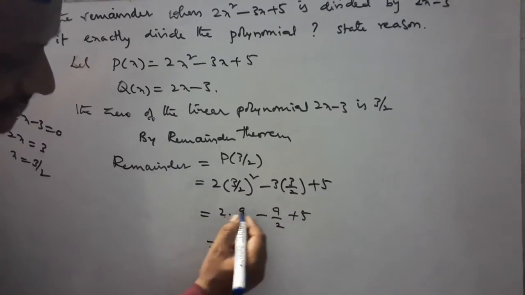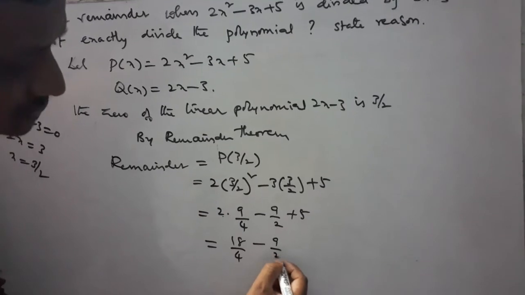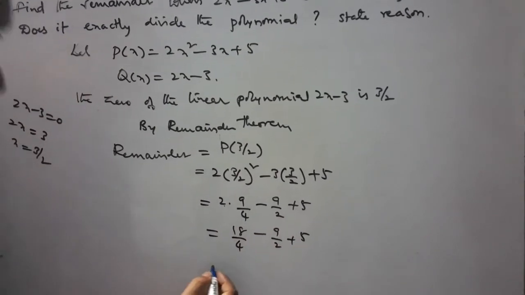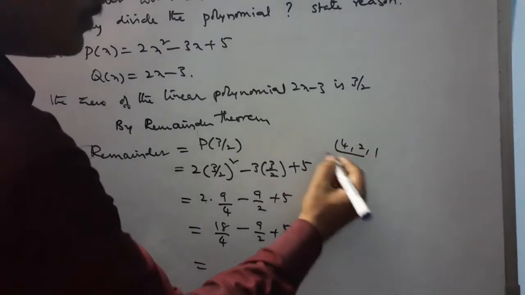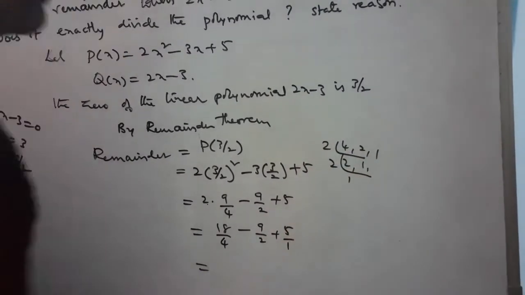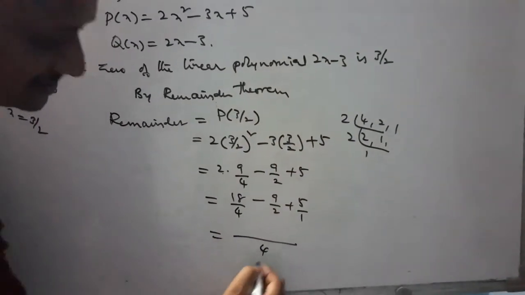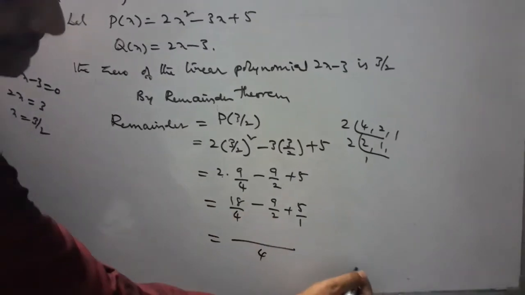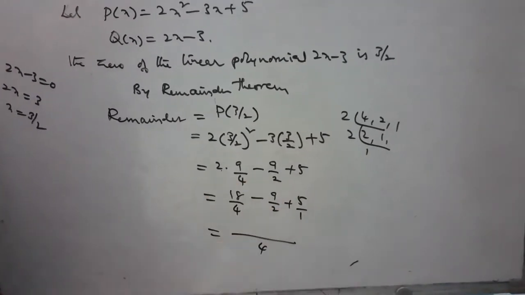So here 2 nines are 18 by 4, minus 9 by 2, plus 5. So what is the LCM? Here the LCM of 4, 2, 1 is 4.